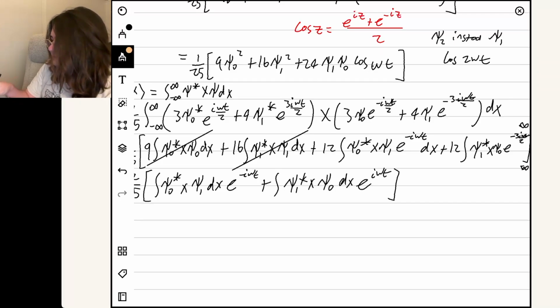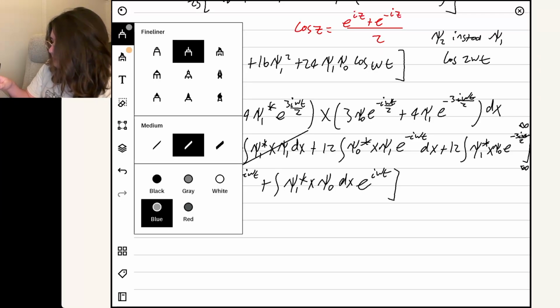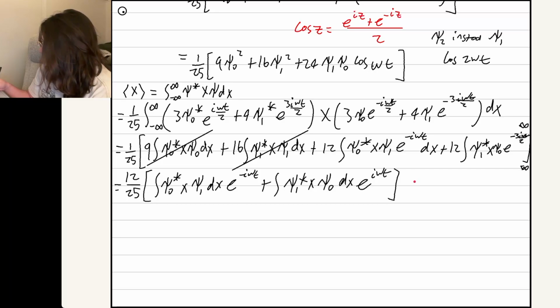Now we can make use of an identity specific to the harmonic oscillator. We can change the position operator into the square root of h bar over 2m omega times the sum of the raising and lowering operators.